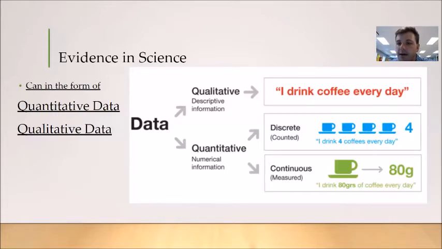On the flip side, though, could I make that statement about the old TV quantitative? If you said yes, then you're correct. I could say, hey, I have a 32-inch TV at my house that is old. Well, that just became two types of data. We have quantitative, which is 32 inches, and then we have qualitative, which is old.